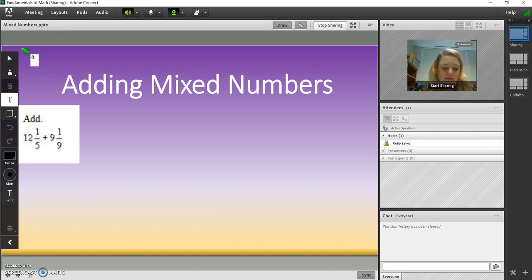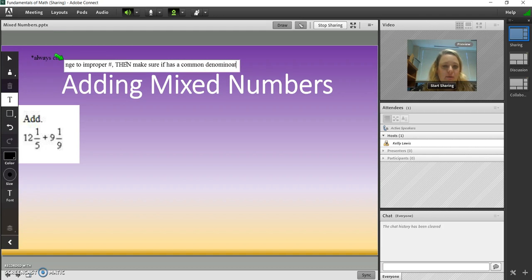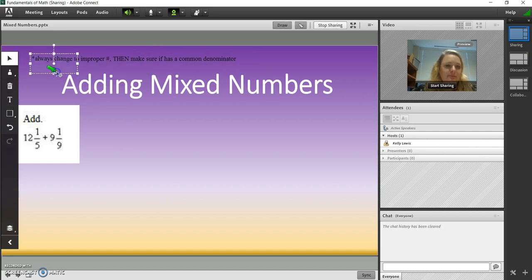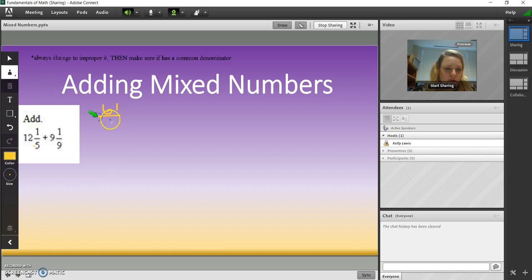So with adding and subtracting, always change to an improper number, then make sure it has a common denominator. 12 times 5, 60 plus 1, so 61 over 5, plus 9 times 9 is 81 plus 1 is 82 over 9.